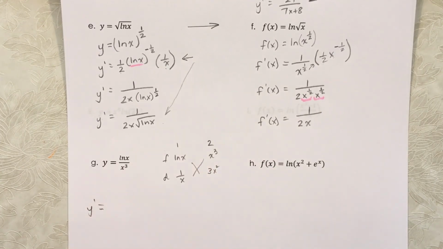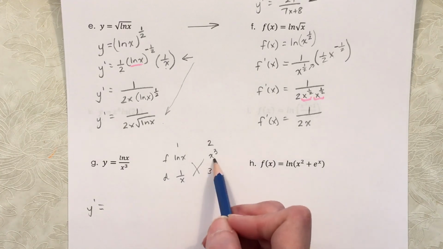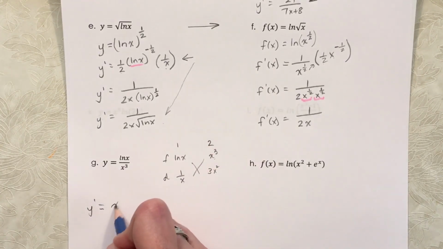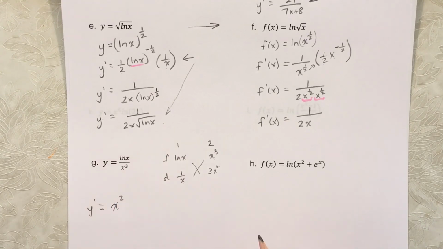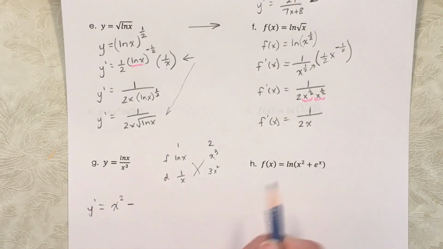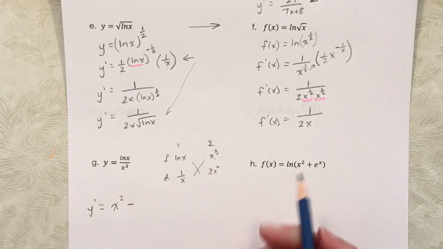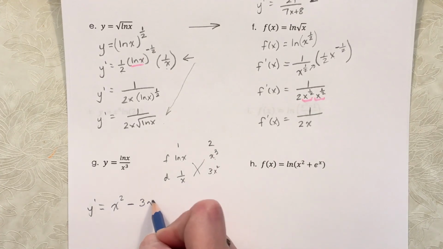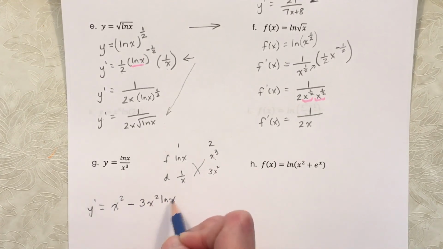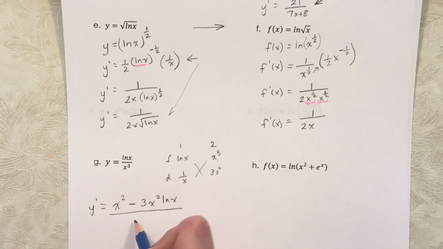So we want to use the quotient rule here, which is the derivative of the first times the second. So 1 over x times x cubed, convince yourself that that's just x squared. Okay, 1 over x times x cubed is actually x squared. And then the quotient rule has a subtract sign, so minus the first times the derivative of the second. So I'm going to write that as 3x squared ln of x all over the second, which is x cubed squared.